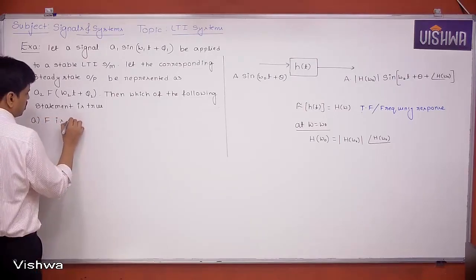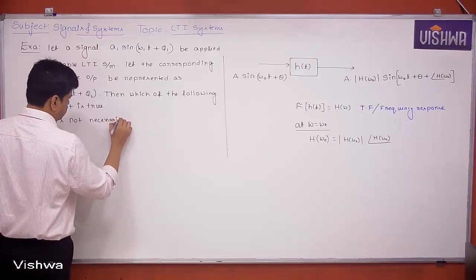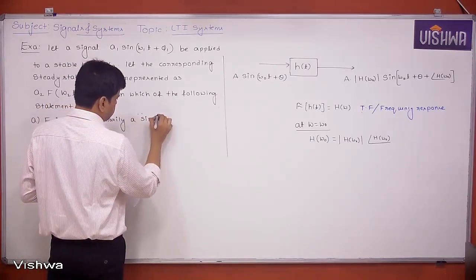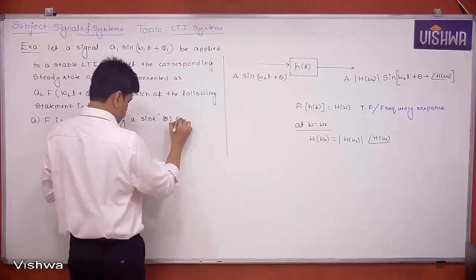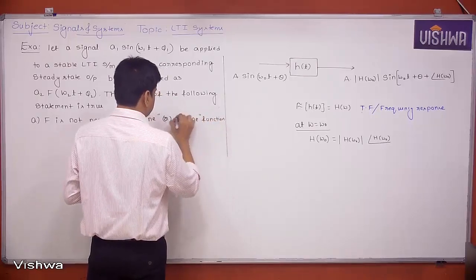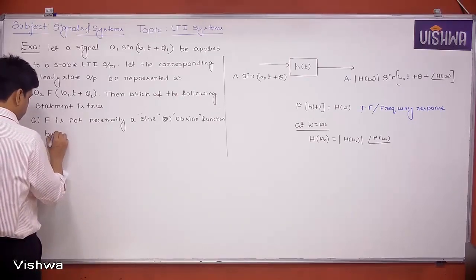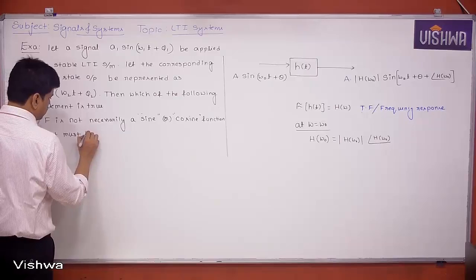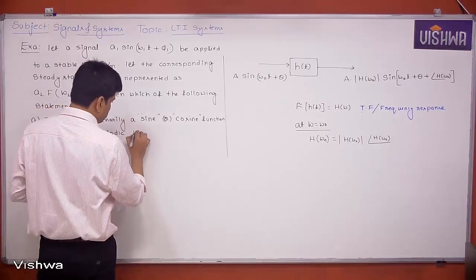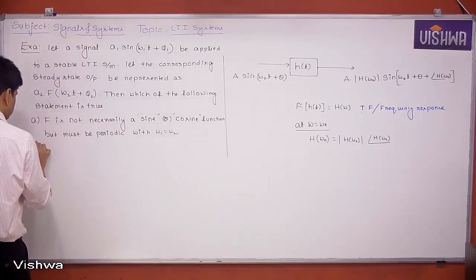F is not necessarily a sine or cosine function, but must be periodic with omega 1 equal to omega 2.